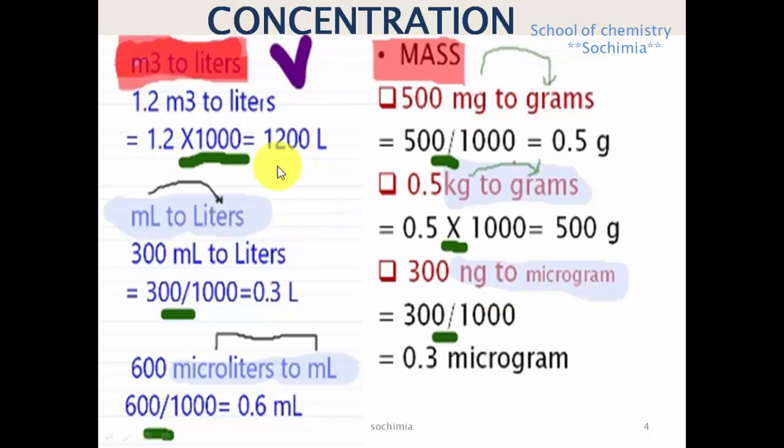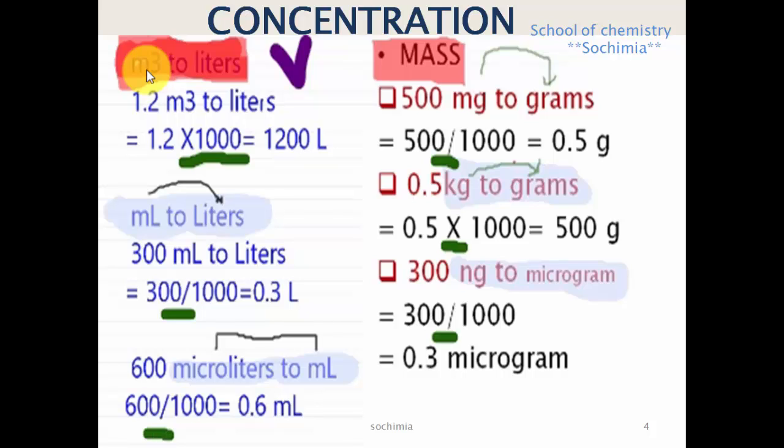There are certain other calculations which have been performed for you here. This column is for volume and the other one is for the mass. So if we have cubic meter volume and we want to get liters, cubic meter is a bigger unit as we have seen in the last slide, and liters are 1000 times smaller units.